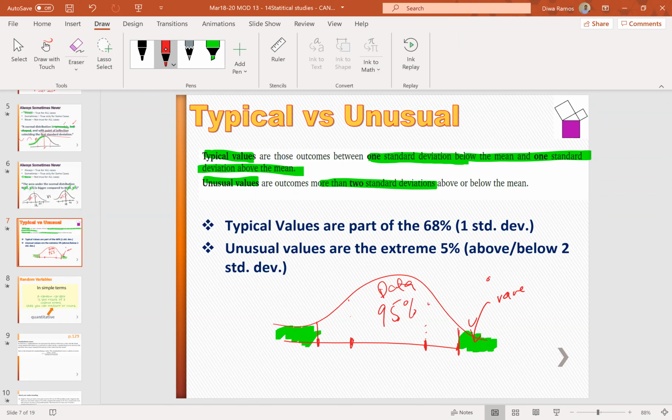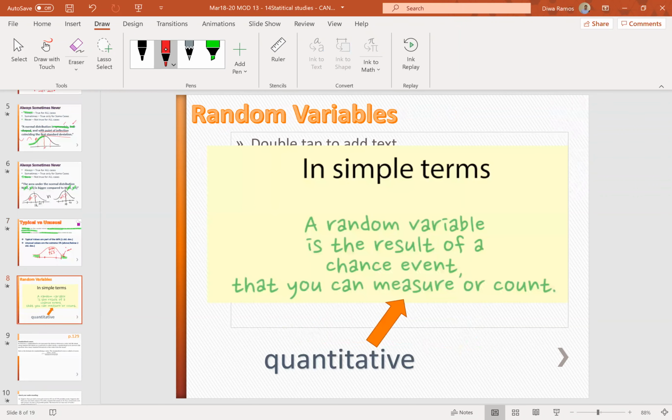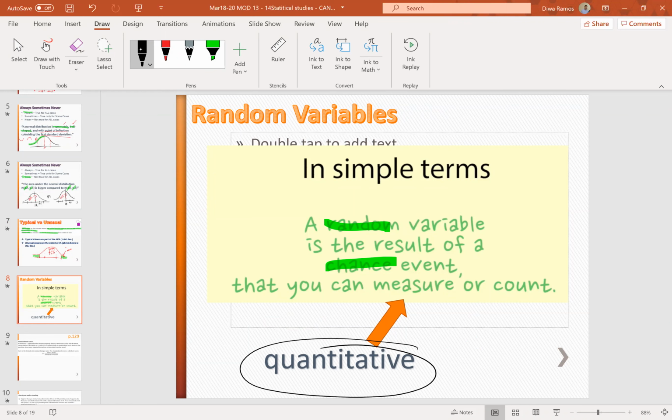Okay, so this one is just additional terminology. When you hear the word random variable, well, it's random. It's coming from chance, or a chance event. In the case of our lesson today, we'll consider random variables as quantitative variables that you get from a random event.